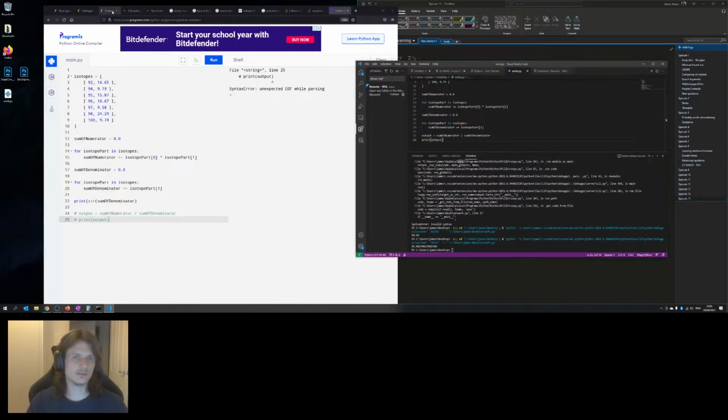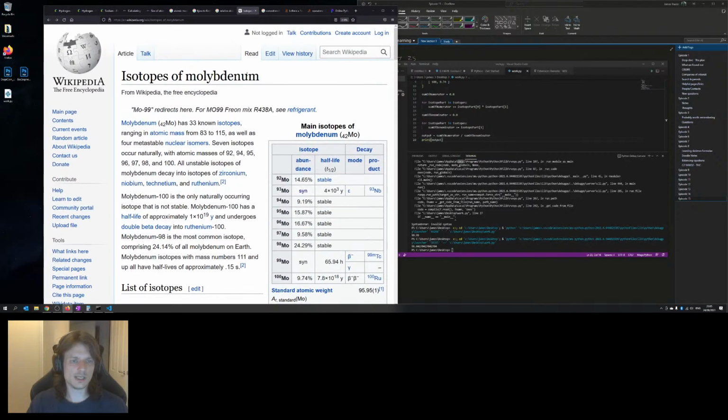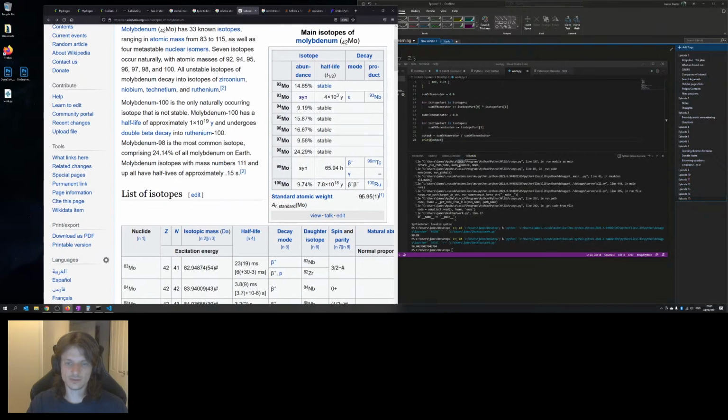96. So this is going to be, what was that again? Molybdenum. Its standard atomic weight is 95.95. That's interesting. So I wonder where I went wrong with that. I guess some of this.